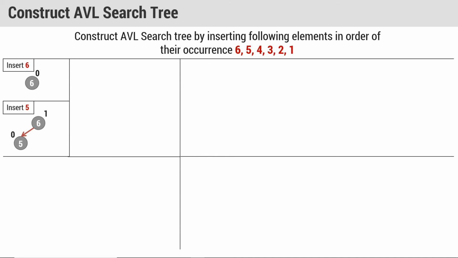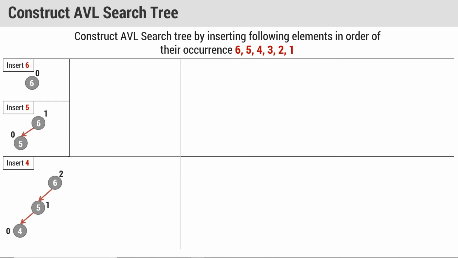So now again we have to insert 4. If we insert 4, then obviously it is inserted on the left side of 5. So 4 is inserted as a left child of node 5. Now we have to check the balance factor: 4 has balance factor 0, 5 has balance factor 1, and 6 has balance factor 2.